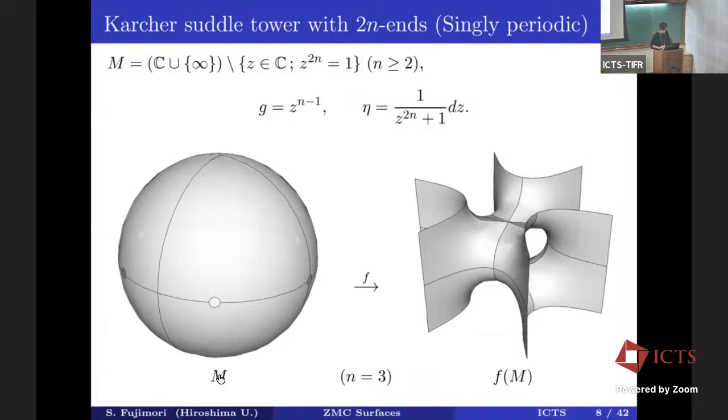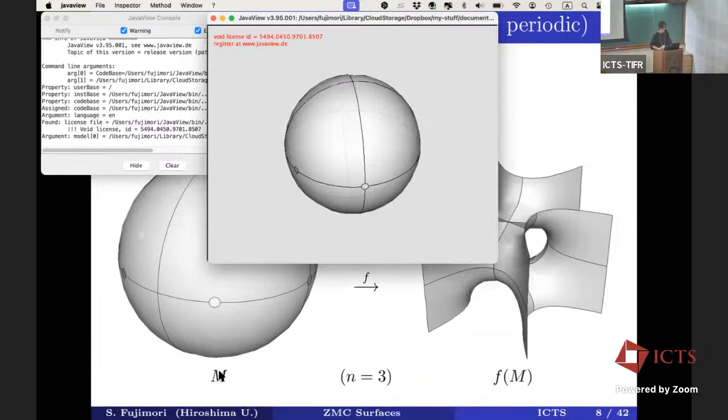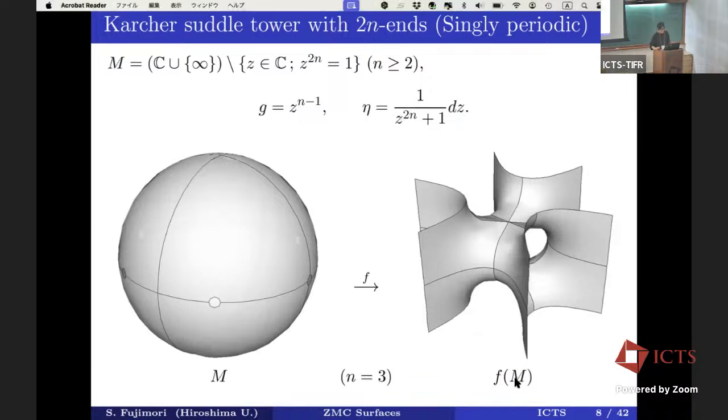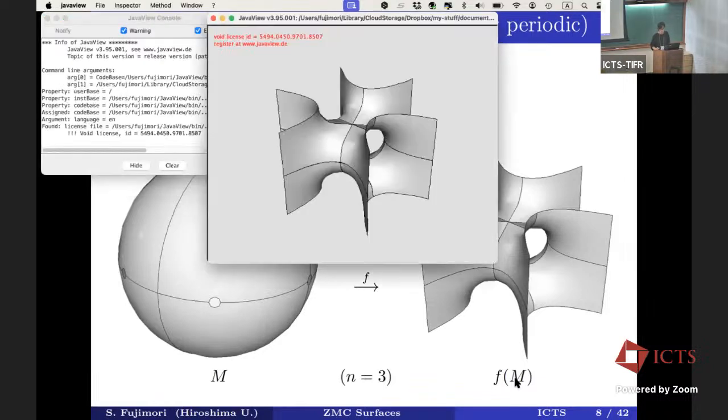We have 6 ends, so the domain is a sphere minus 6 points, located symmetrically on the equator. Then after taking the Weierstrass data, we have this Karcher tower.